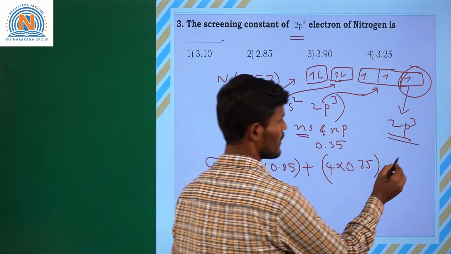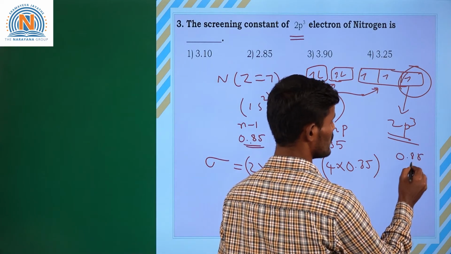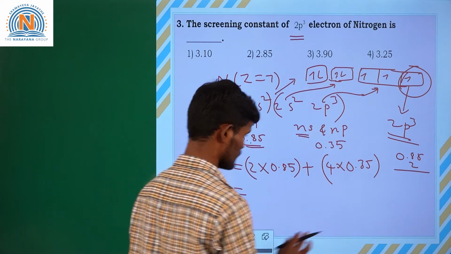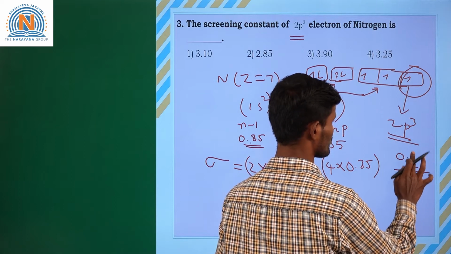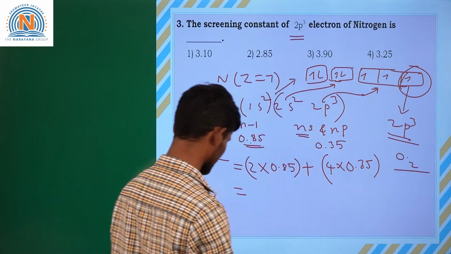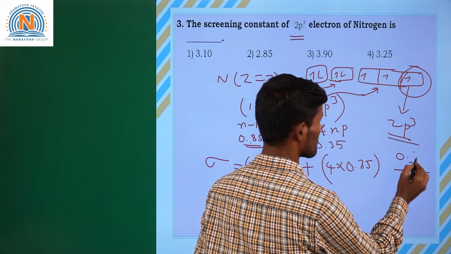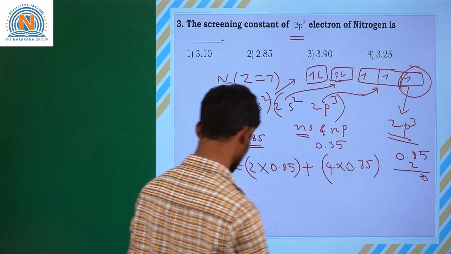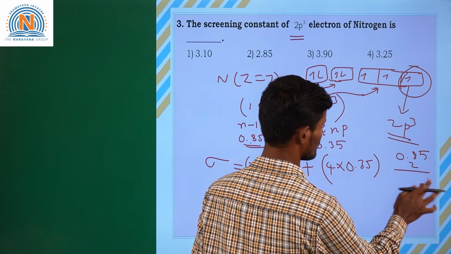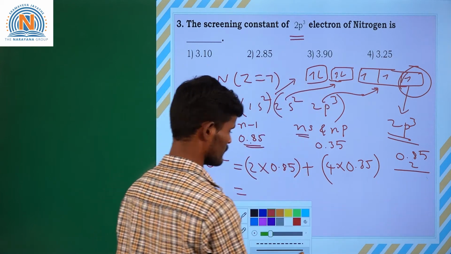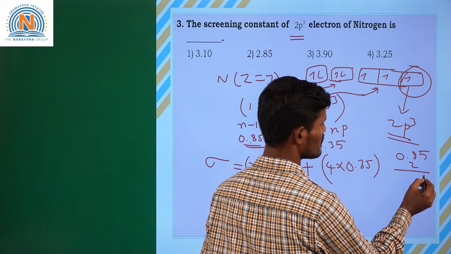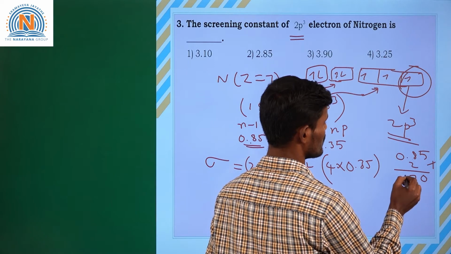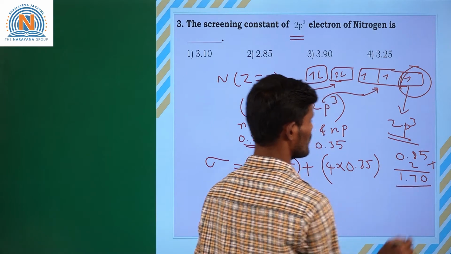0.85 into 2. Two fives are 10, 2 eights are 16, 17, so 1.70.